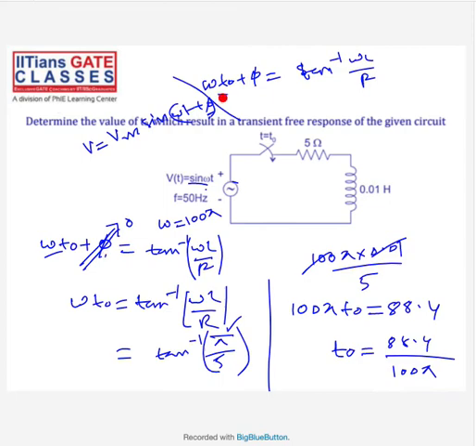So omega t naught is equal to tan inverse omega L by R. Omega is 2 pi f, f is given as 50, so omega will be 100 pi. So 100 pi into 0.01, and the 100 gets cancelled, by 5, gives pi by 5.